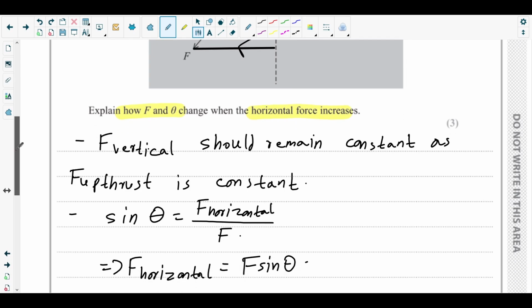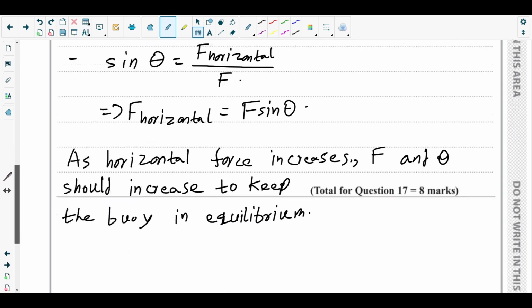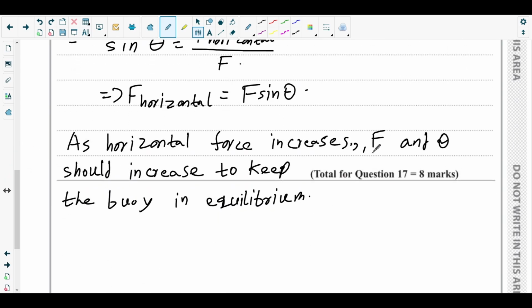So basically the vertical component of force F remains constant. You can give a reference here: F vertical should remain constant, as F upthrust is constant. F vertical equals F cos theta. According to our conclusion, F and theta both increase.